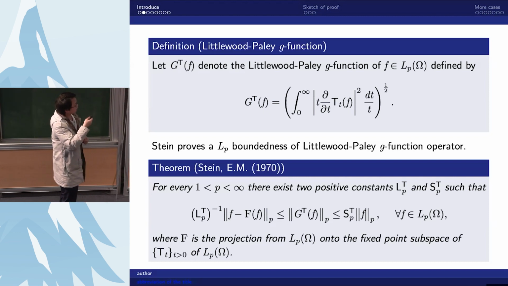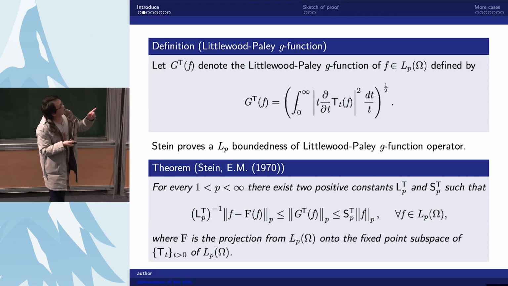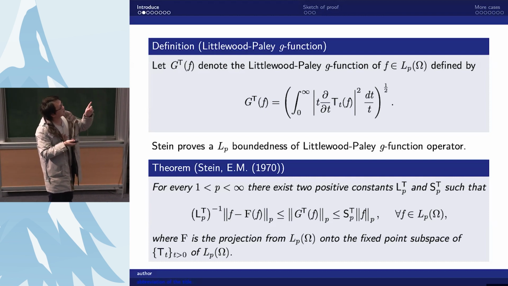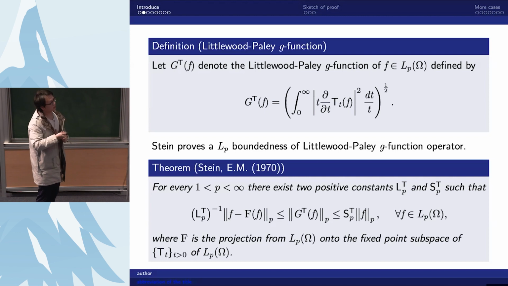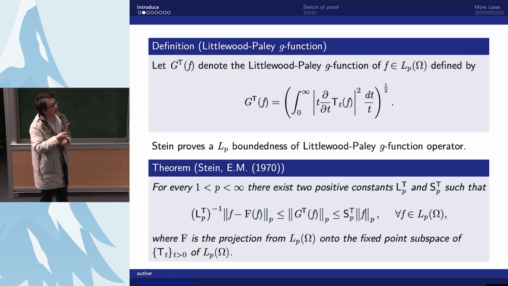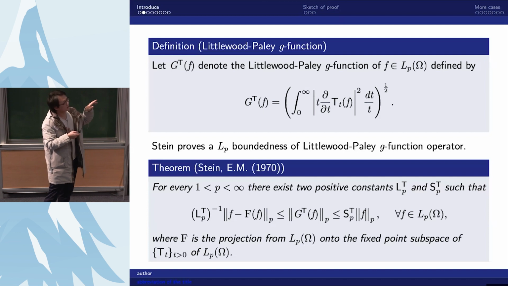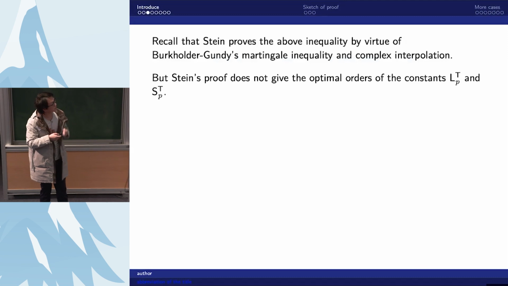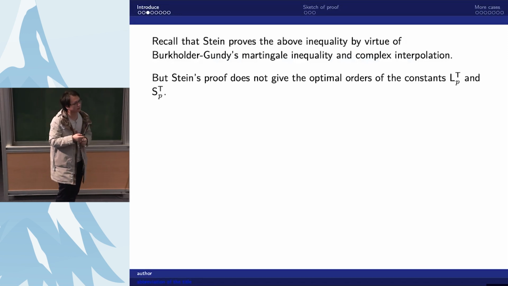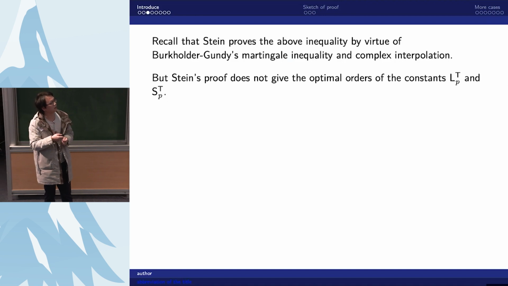You can see from the definition of g(T)f that the fixed point of T_t doesn't influence the value of g(T)f. So that's why the left side has f minus the projection. But Stein's proof doesn't give the optimal orders of the constants L_p(T) and S_p(T).